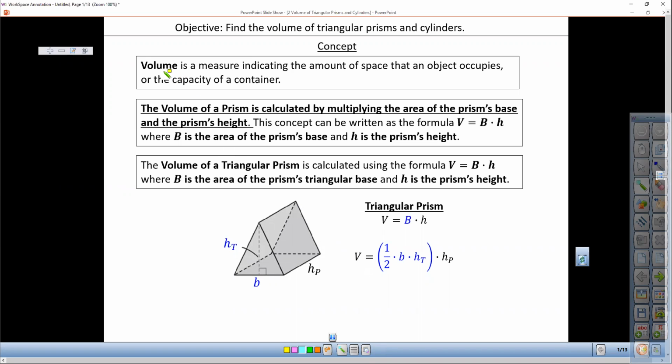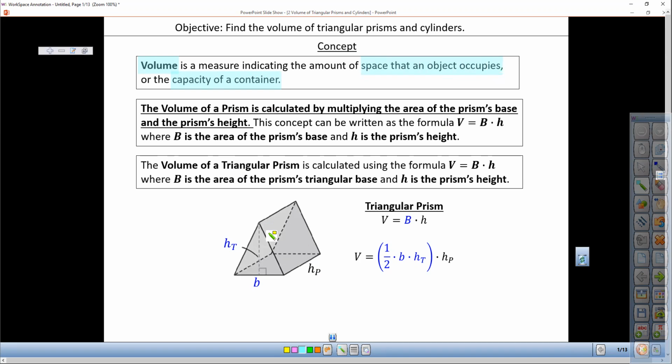So remember, volume is a word that we use to describe the capacity of a container. So how much a container will hold or how much space an object occupies within 3 dimensions.